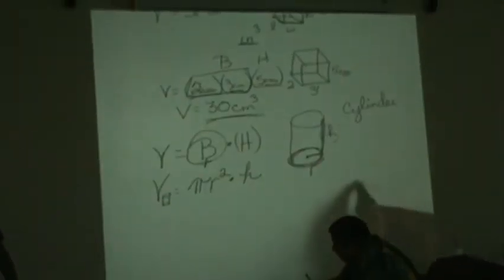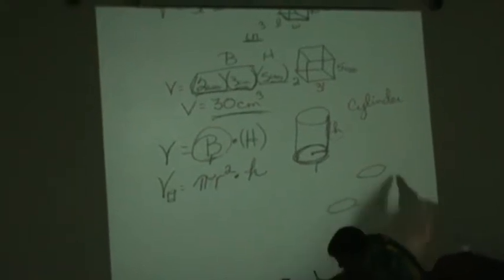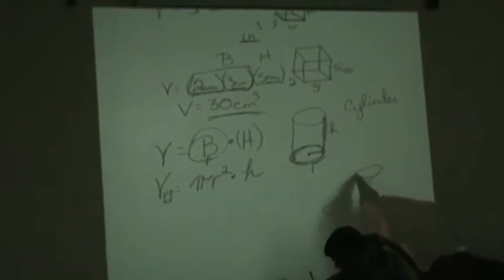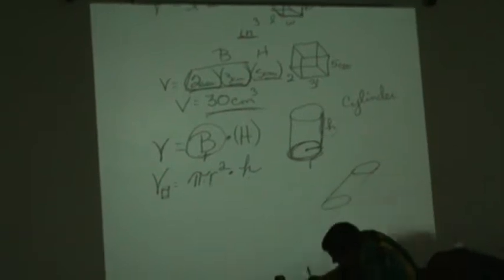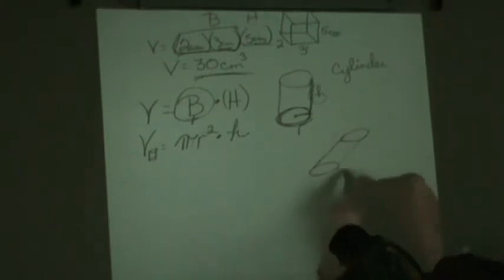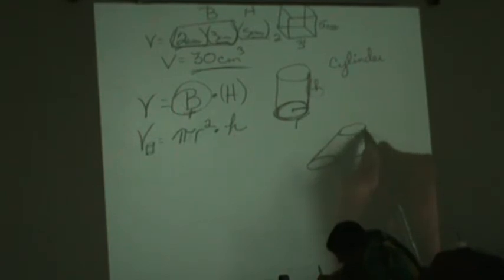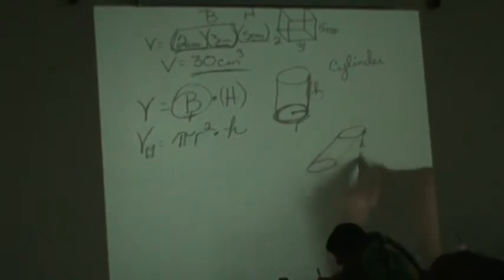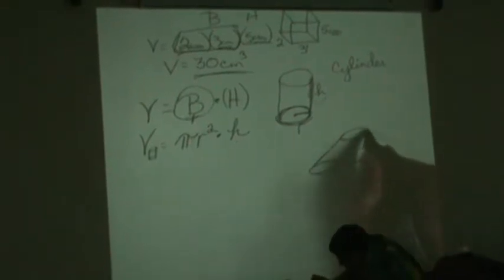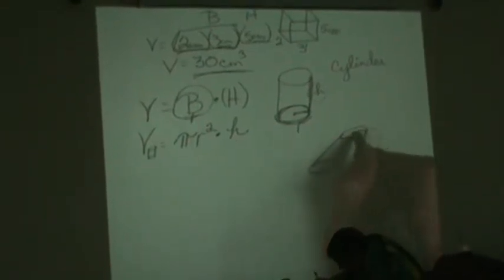So even if you have a cylinder that doesn't go straight up, you still use the same formula, but the height is going to go from here to here. You'll be using this height and the radius of your circles to plug in here.